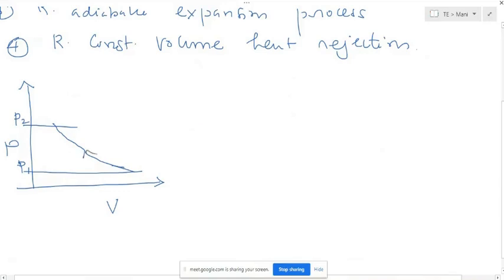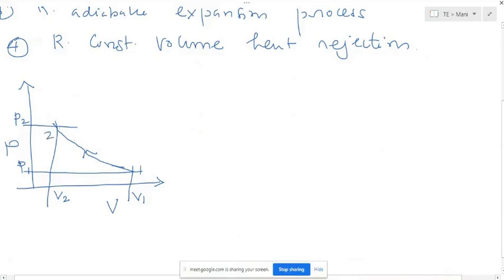In compression, we know that volume gets decreased from this position to this position, V1 to V2. So pressure also increases. So this is a reversible adiabatic compression process, and we can name it 1 to 2, right?